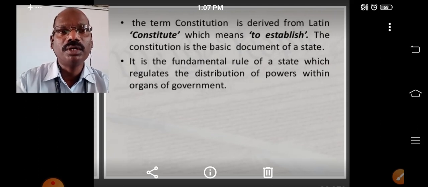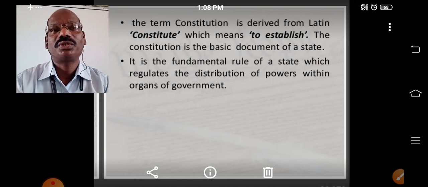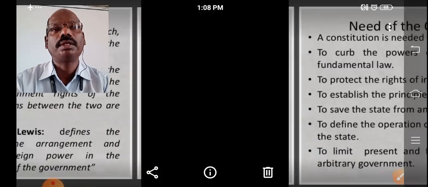All the powers of the government are distributed according to the constitution. The constitution designs each organ of the government, and their role, function and powers are very clearly mentioned in it. So the constitution is called the fundamental rule of that country.